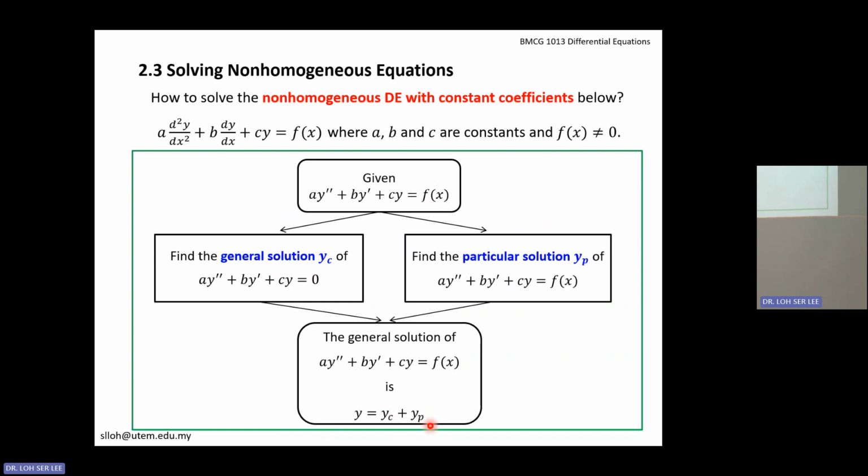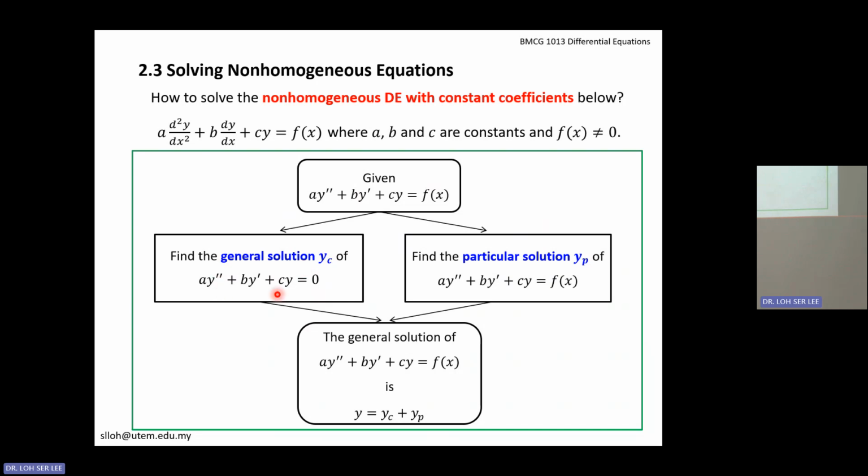What is this yc? C stands for complementary. This yc is actually what we learned in the last class, meaning that we let f(x) equal to 0, then you have this.